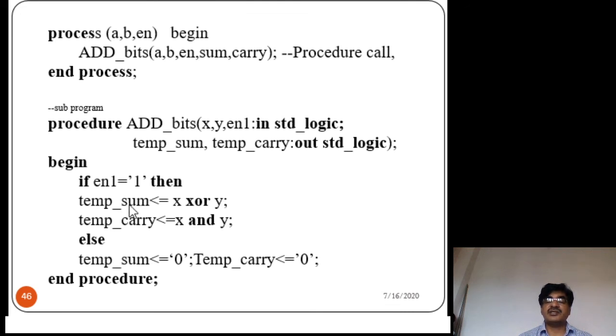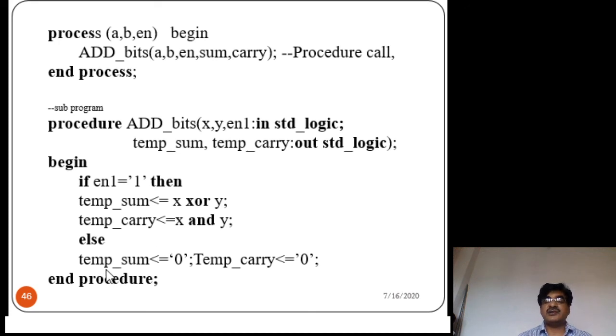That is the sum operation and carry operation we are doing, and the enable value is 1. Else, that means if enable is 0, then temp_sum equal to 0 and temp_carry also equal to 0. It can't do anything. A 0 value is assigned to both sum and carry. If enable is 1, then only it does the addition operation, which gives sum and carry.